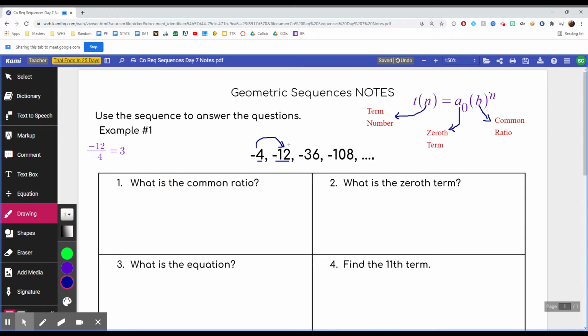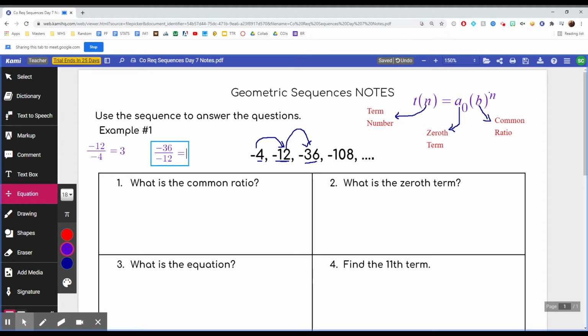Okay, the next thing, what are we doing to -12 to get -36? Again, I'm going to now divide -36 by -12. And that gives me +3 as well. And when I do the last one, -108 divided by -36, I also get 3.